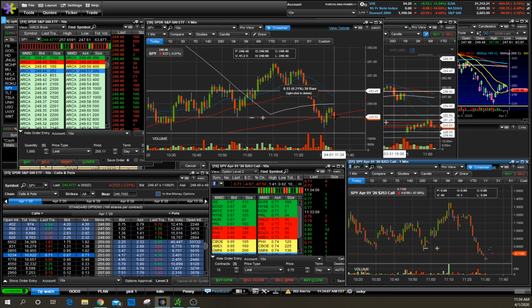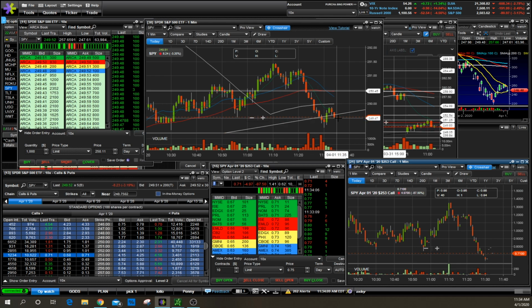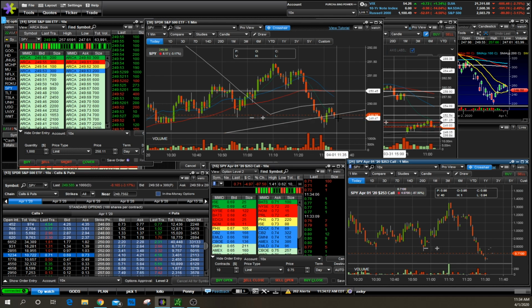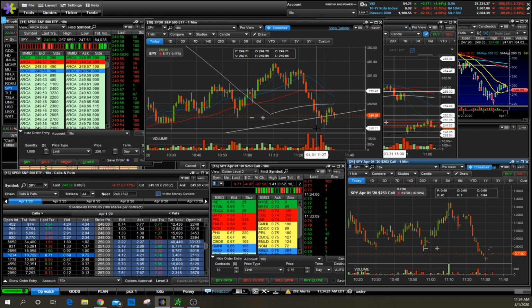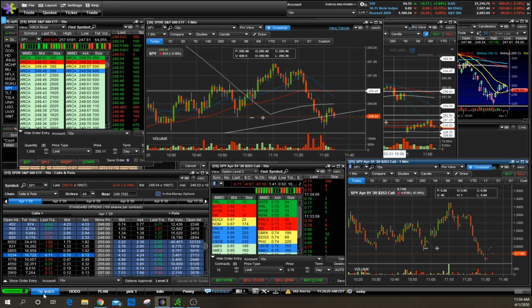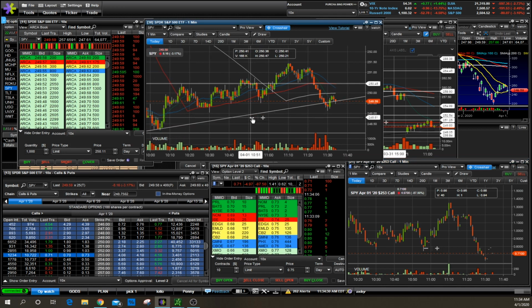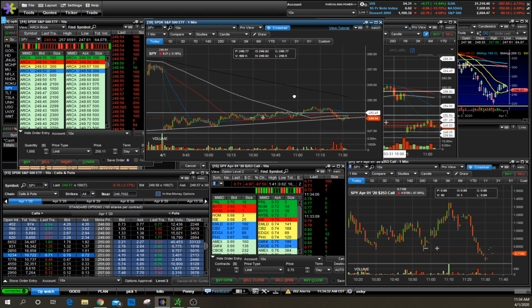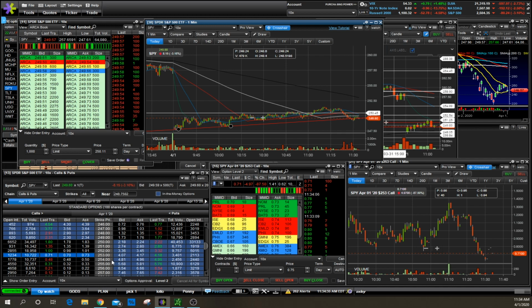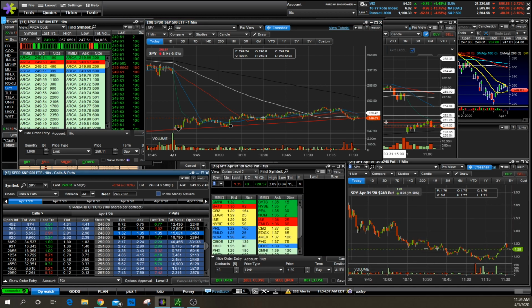Projecting the EMA on the SPY. Shoulda, coulda, woulda bought those puts, made 50%. 248s would have been nice from 90 to 150.